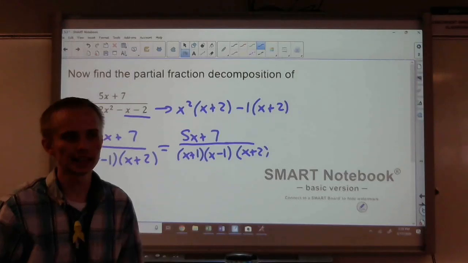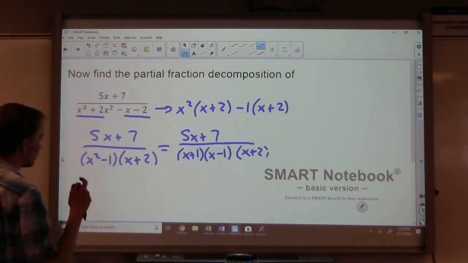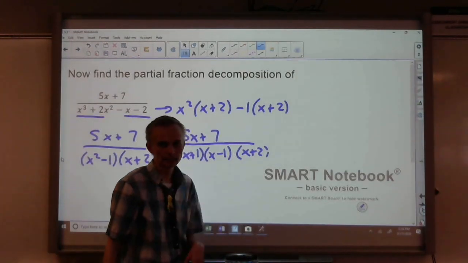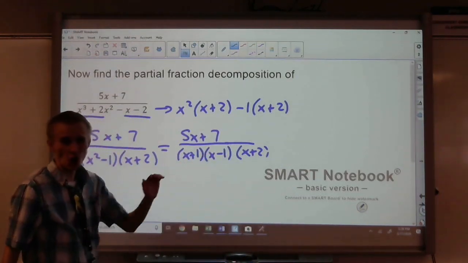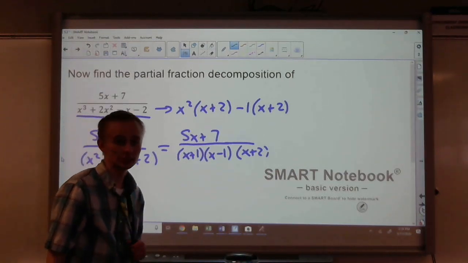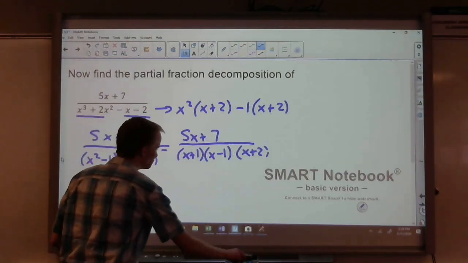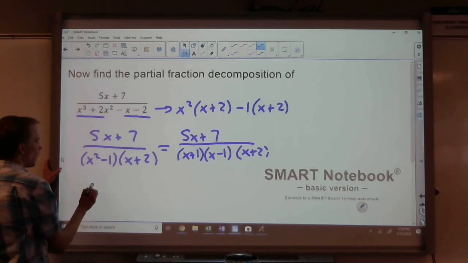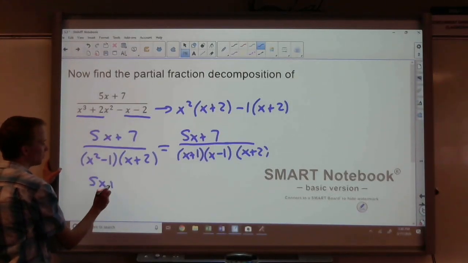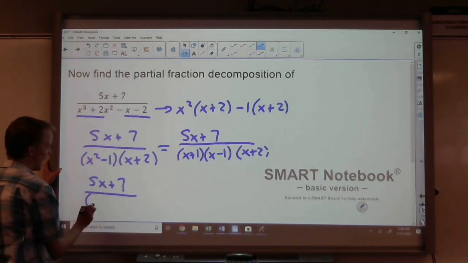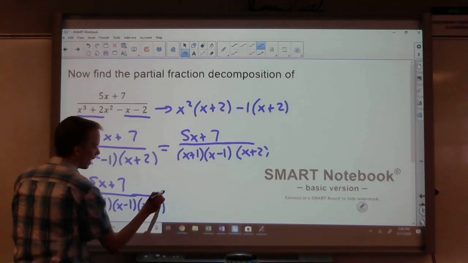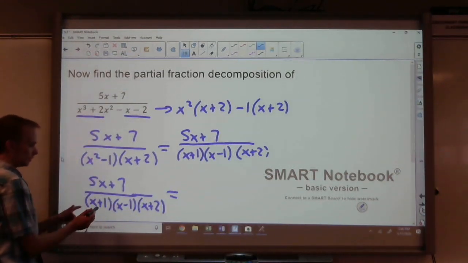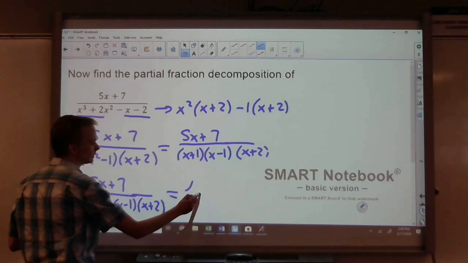Now you might think, this seems super scary. It's actually not as bad as the other one because there are no repeated factors on the bottom of this one, okay? So what should my answer look like at the end? Now that I have it all factored out, it should look like, well, my first factor is x plus 1.